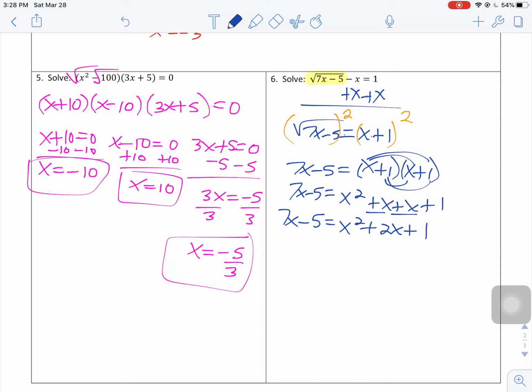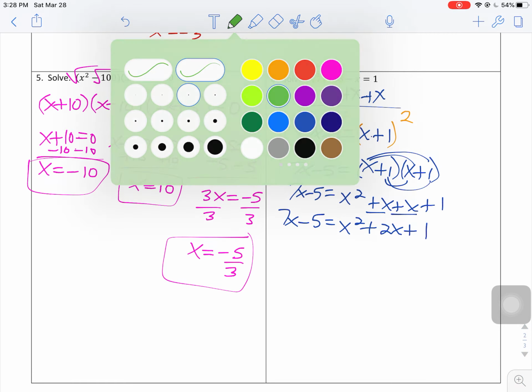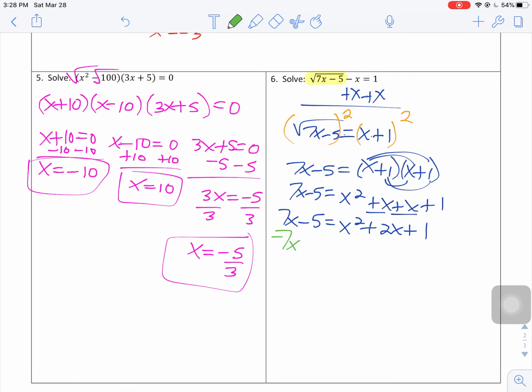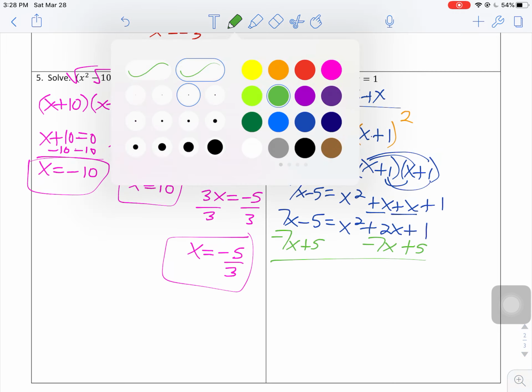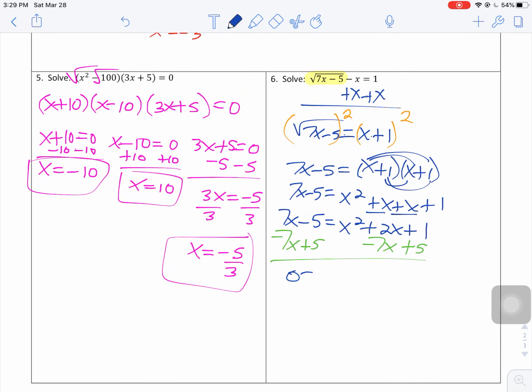And then at this point, since I have x squared terms and x terms, I want to get everything on one side equal to 0 so that I can hopefully factor, set each factor equal to 0, and solve for x. So let's subtract 7x and add 5 on both sides of the equation. So we get 0 equals x squared minus 5x plus 6.